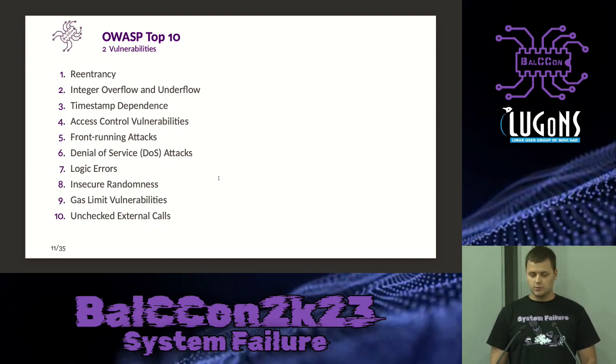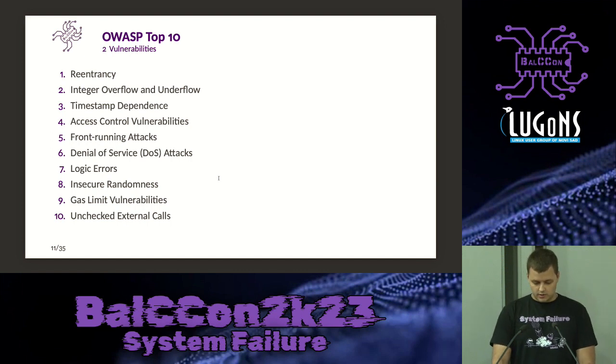It happens everywhere, and we can show it with simple examples, but it won't give you more understanding of the issues. Denial of service can be triggered by access control vulnerabilities, by logic errors or by gas limit issues. So you will see how some of them combine and overlap a bit.